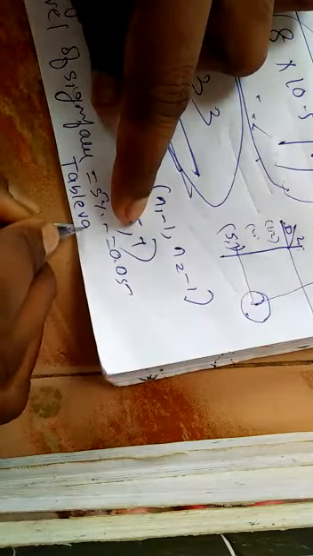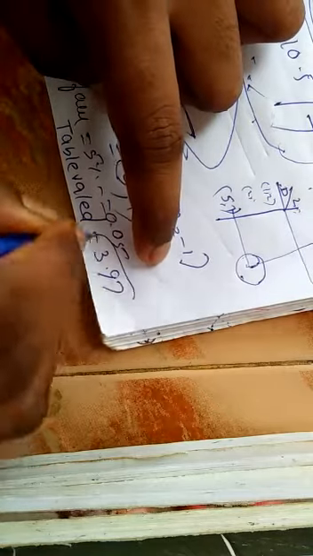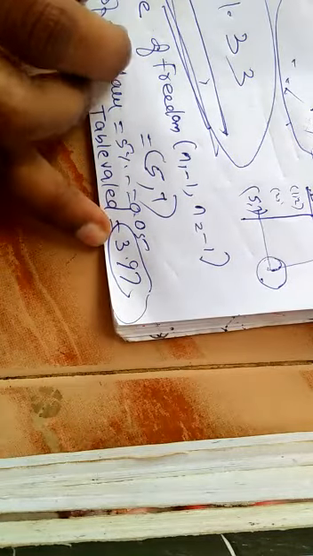That tabled value is 3.97. Here 1.33 is the calculated value and the table value is 3.97.